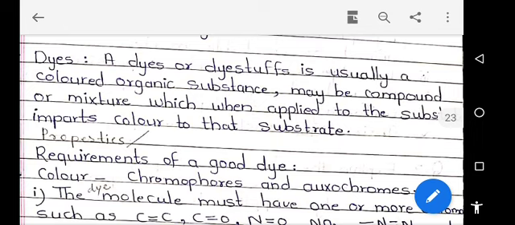If any scientist synthesizes a new molecule, and this molecule is perfectly useful for a particular disease, then that scientist can register that molecule in his name, that is patent registration.